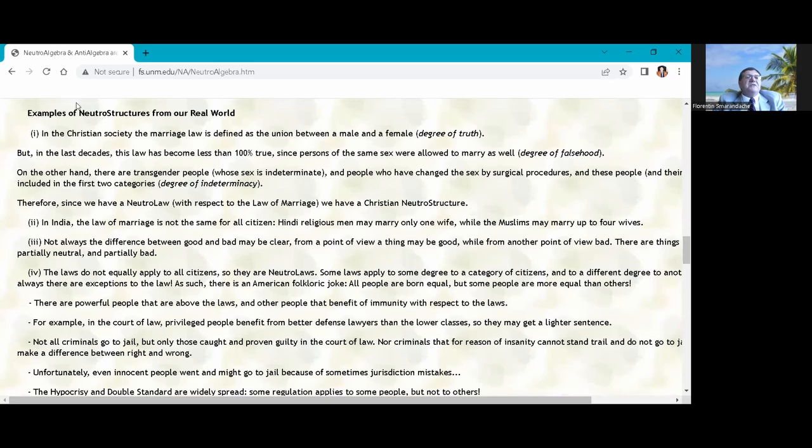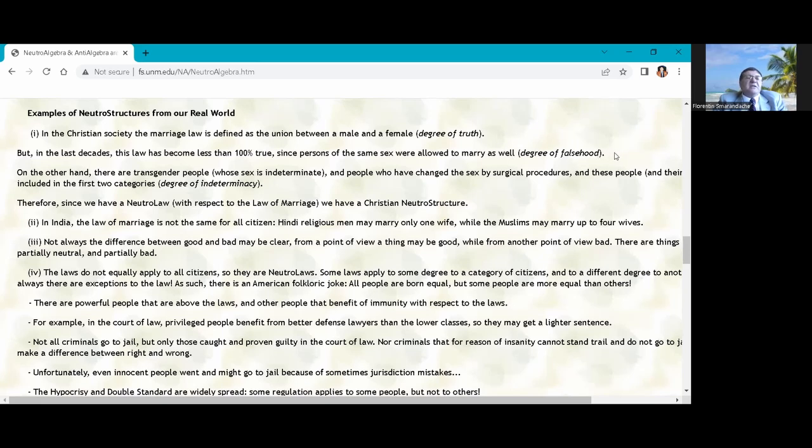For example, in a Christian society, the marriage law is defined as the union between a male and female. Let's consider this one degree of truth. But in the last decade, the law has become less than 100% true, since persons of the same sex were allowed to marry.